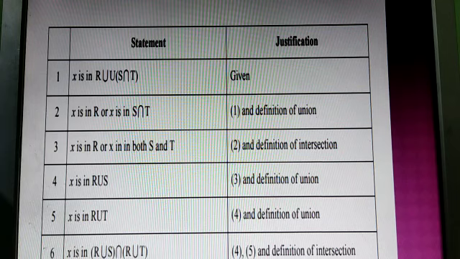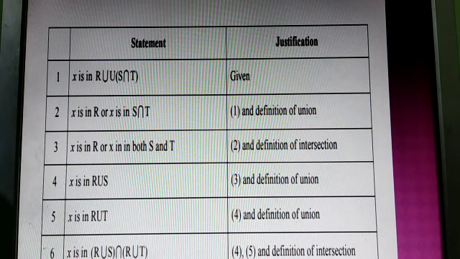Then according to the definition of intersection, X is in R or X is in both S and T, because S intersection T means the element is both in S and T. So we can write X is in R or X is in both S and T.